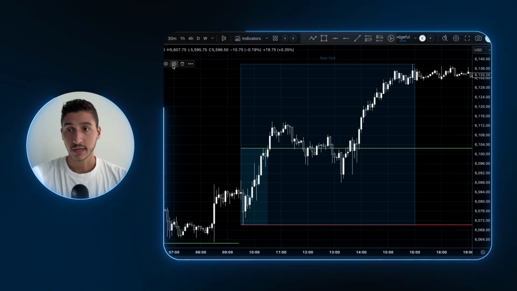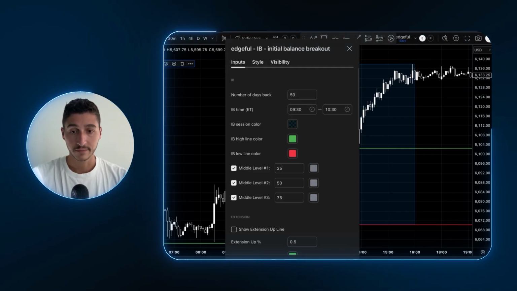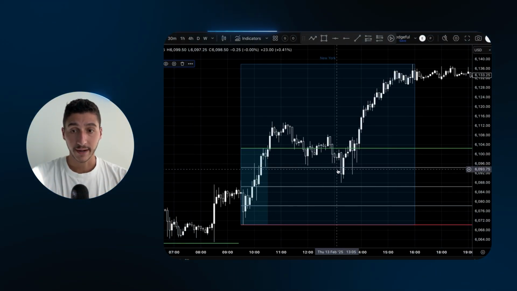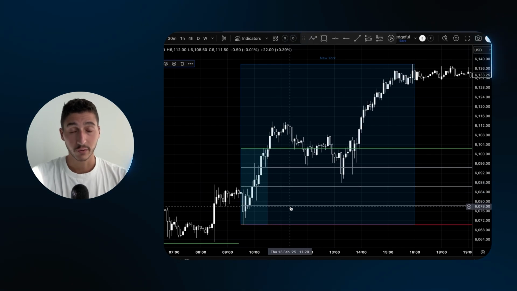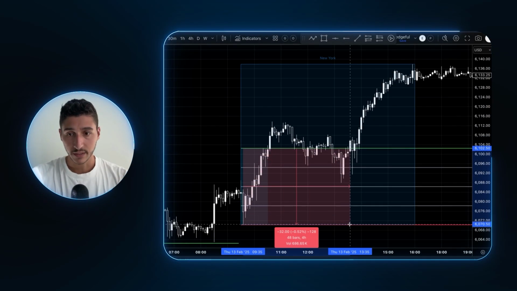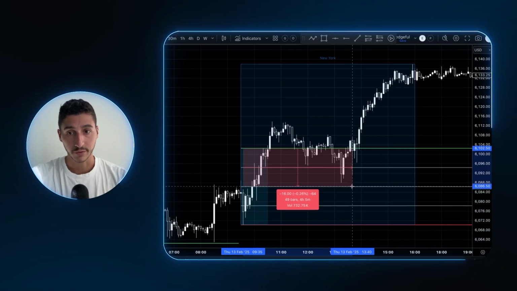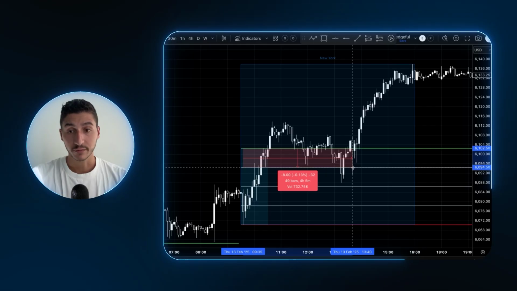So if you go to the settings of the indicator and you click 25, 50, and 75, it is automatically going to plot out for you the midpoints. So in this example here, this IB is 32 points. The halfway point is 16, which is obviously half of 32. The 25% retracement is 8, which is 25% of 32.